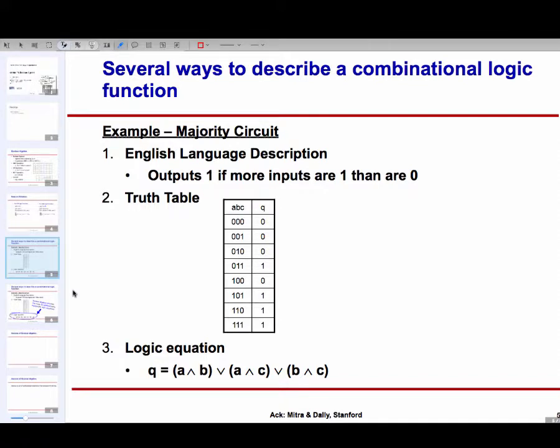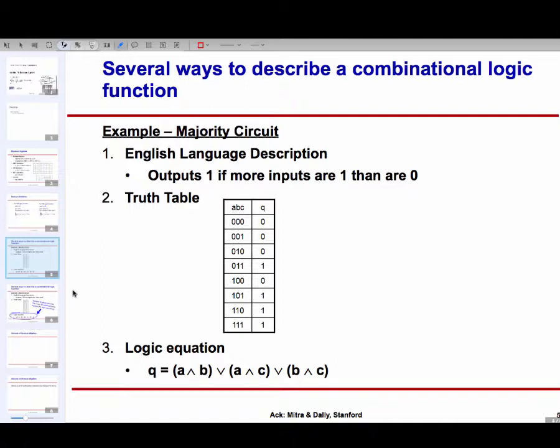So there are several ways to describe a combinational logic function. Let's look at an example: what is called a majority circuit. We'll encounter it again and again in the class. Say I have a system which takes three 1-bit Boolean signals A, B, and C, and I want the output to be 1 if the majority of the inputs are 1.